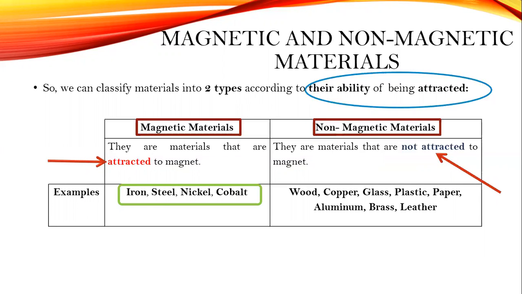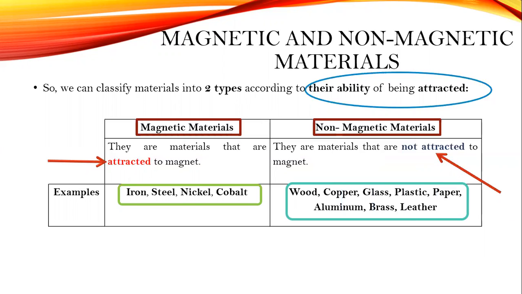Concerning the examples of non-magnetic materials, we are going to find many examples, like wood, copper, glass, plastic, paper, aluminium, brass, and leather. Did you note something in this table?